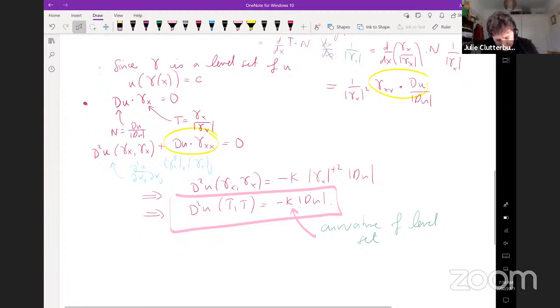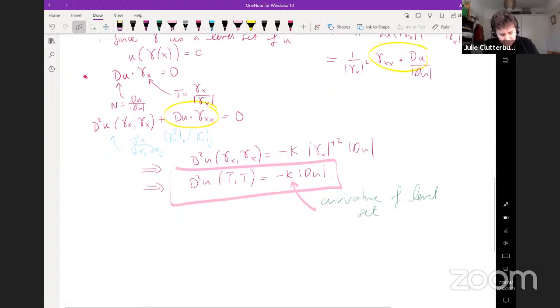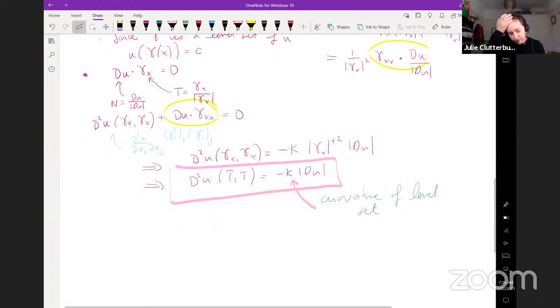And this also gives us another way to think about the problem. So our original problem, which you've probably all forgotten, let me write it down again.